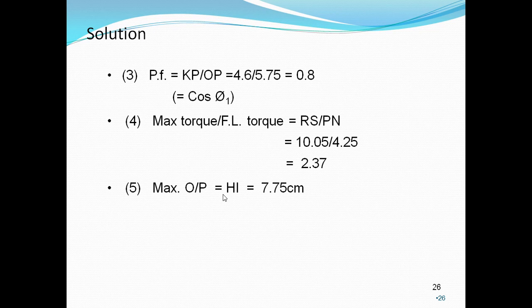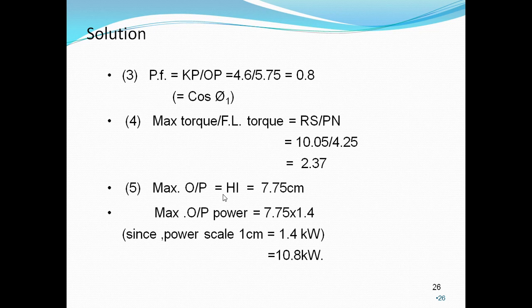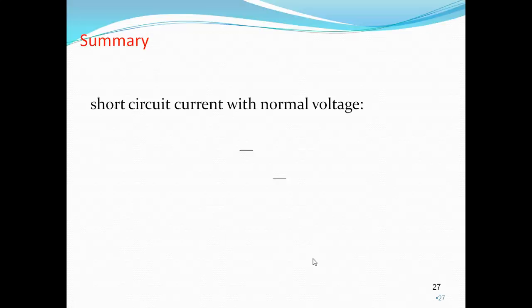Anyone? Yes, you are right. We have to multiply with the power scale. So that is 7.75 into 1.4, because the power scale is 1 centimeter equal to 1.4 kilowatts. So that is equal to 10.8 kilowatts.